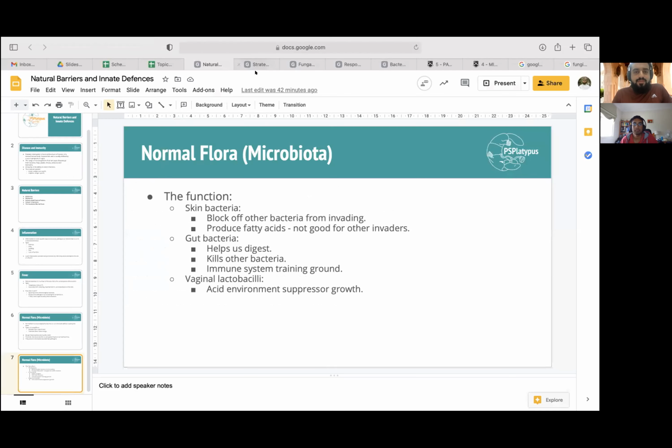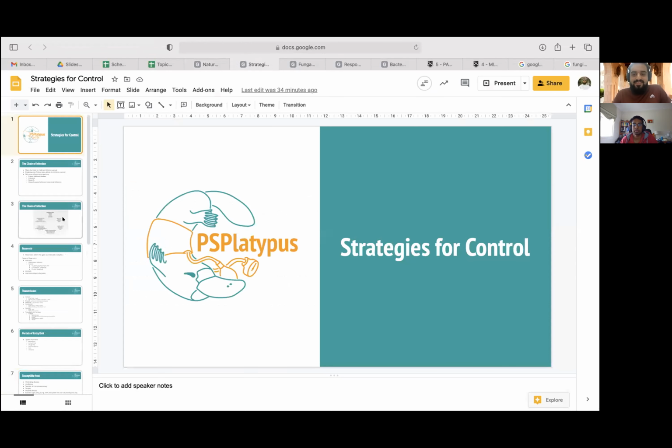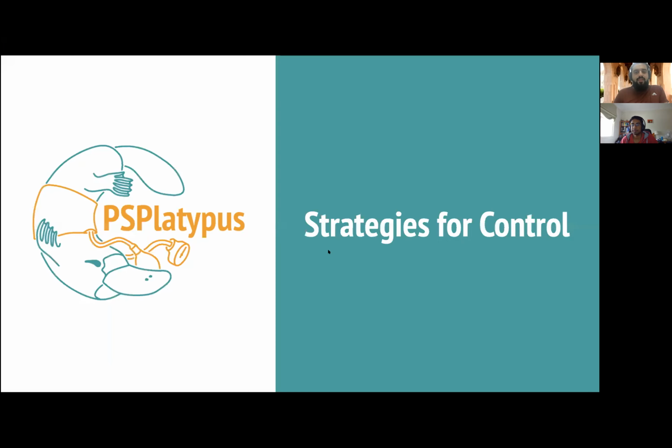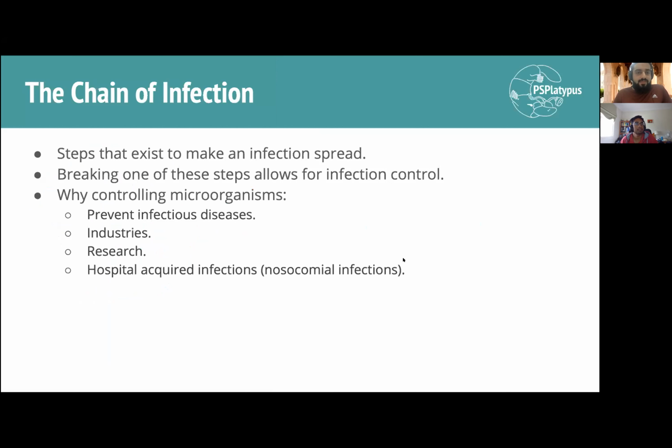So now we will go to the second station, strategies for control of the microorganisms. We've talked about bacteria, viruses, and fungi. Now we'll talk about how we can control these microorganisms.